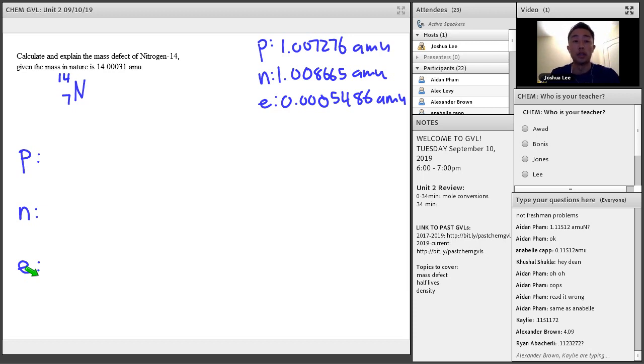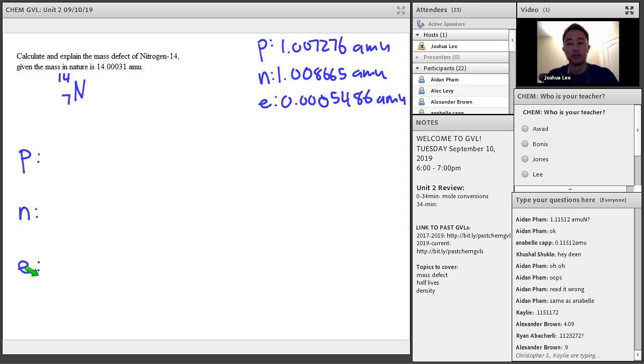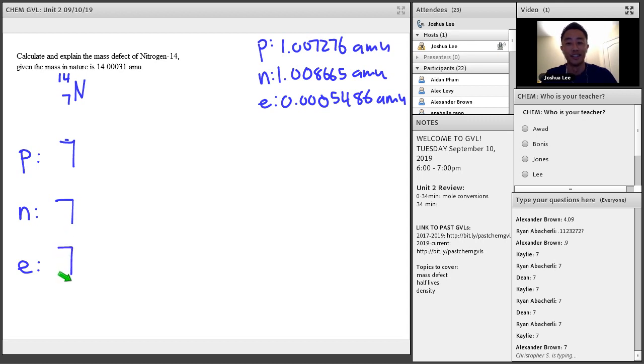How many protons does nitrogen-14 have? 7. How many neutrons? 7. How many electrons? Oh, this was a terrible element to do because all the answers are 7. So then, to find the total mass of each thing, we want to know the protons, neutrons, and electrons.